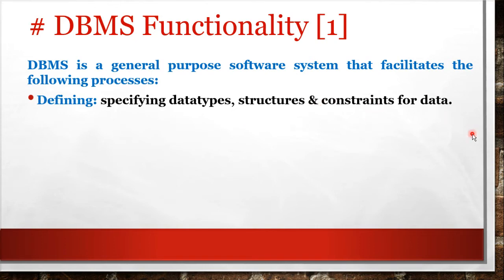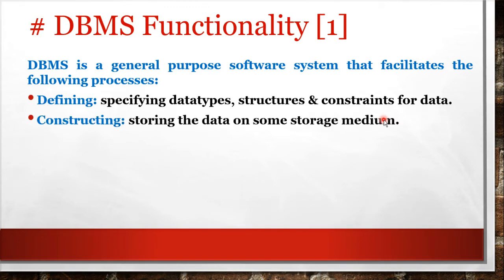For a table, with the help of DBMS, we can define the data type of each and every field, or the attributes, columns, and define the structure of the table. We can define constraints over data. Constraint means, suppose for a mobile number we need a 10 digit number. These types of constraints can be easily managed through the database.